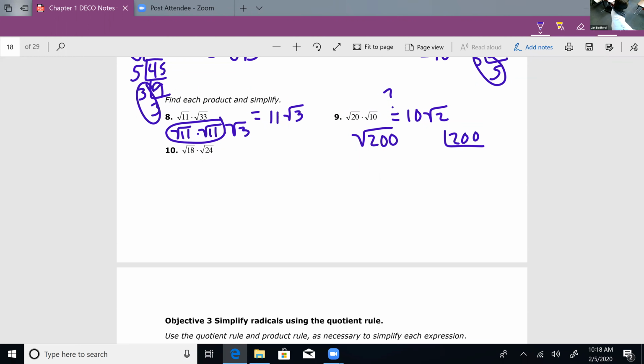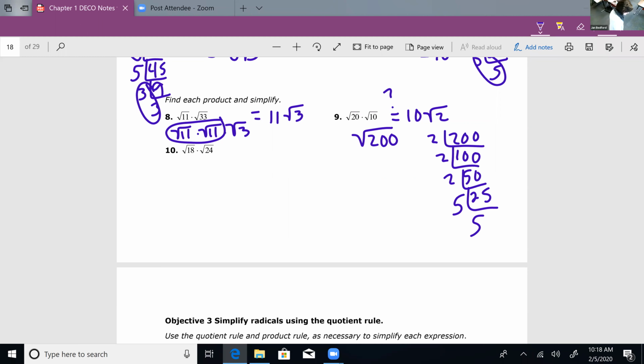What prime number? 2 goes 100 times. Is that still even? So 2 goes 50, still even. 2 goes 25, but what goes into 25? 5 times 5.